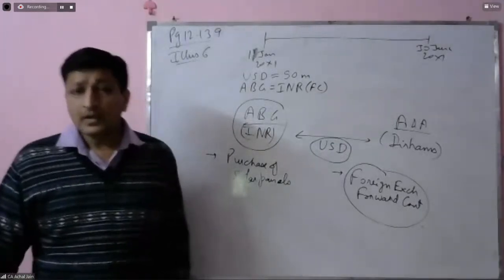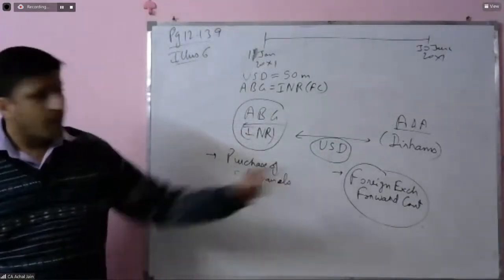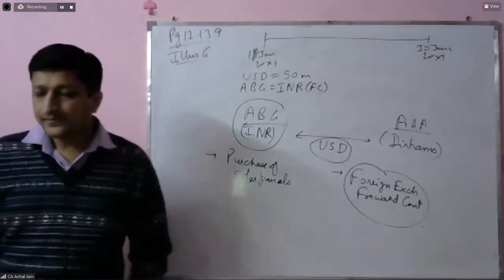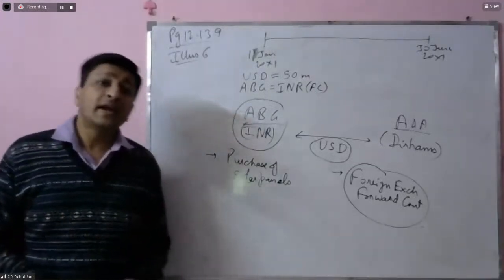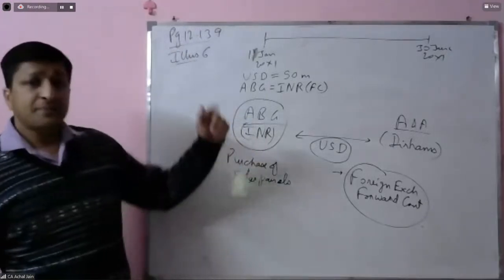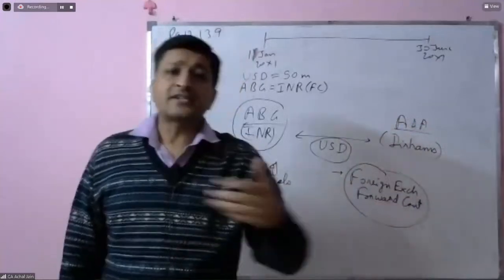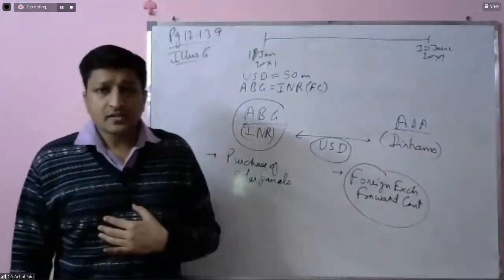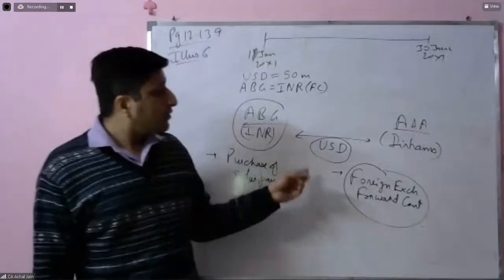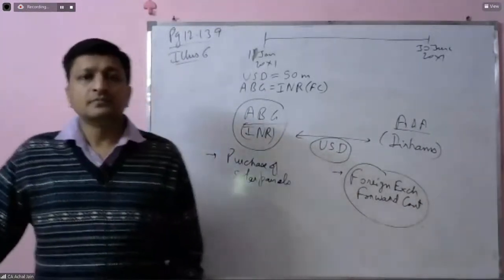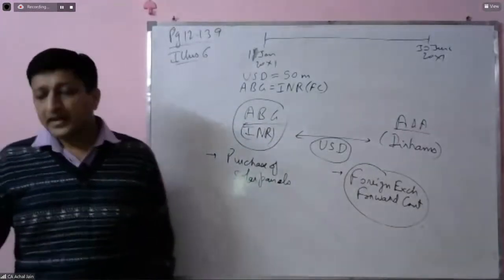Now, what's the next component? Forward contract to pay USD. Why are we saying to pay? Because in this case, ABG would be required to pay USD. So when he would cover his risk, he would pay USD and receive INR.